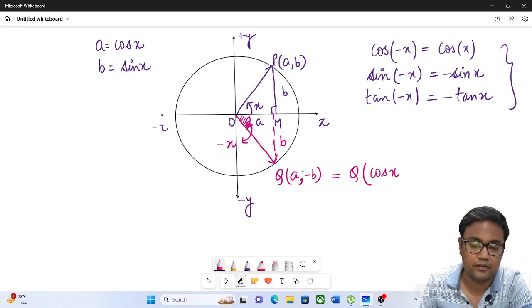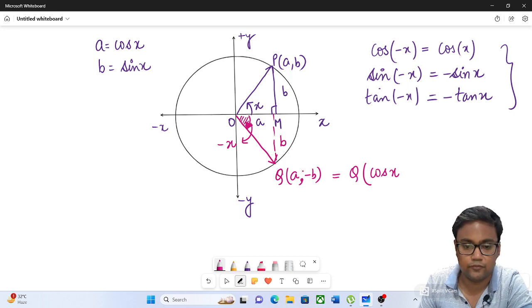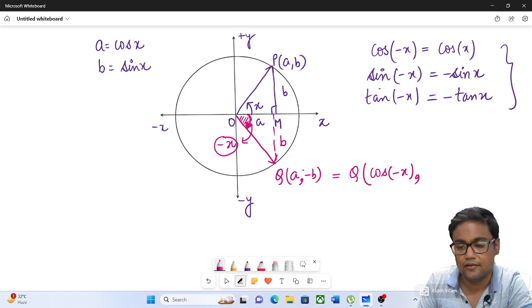But remember, this cos of x, for now, is not the proper way to write here, because the rotation we are taking is not x actually. The revolving ray is rotating by minus x radians, right. So, a better way would be to take this as cos of minus x radians, and then this minus B will be sine of minus x radians, right.